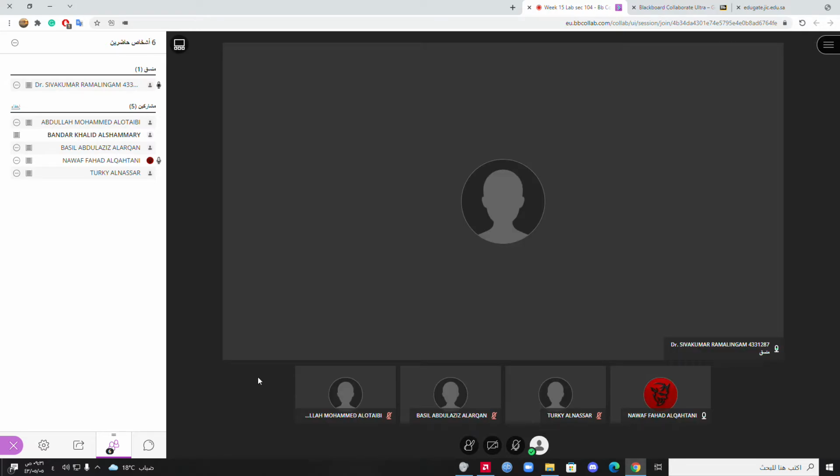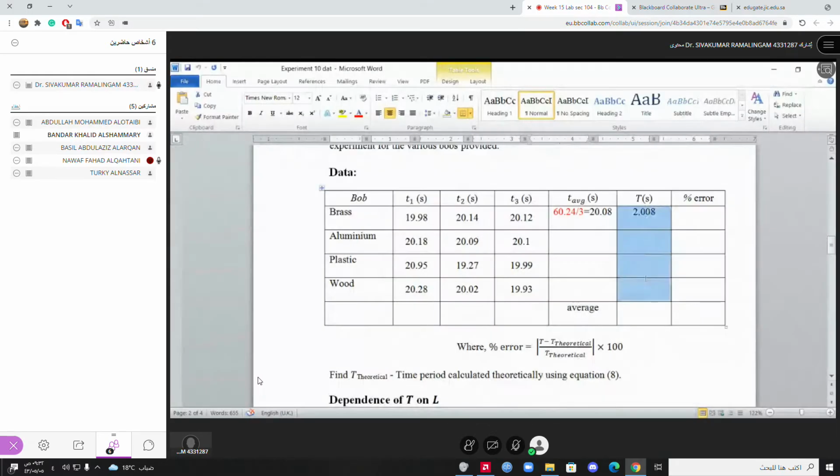In the first schedule, you have capital T, right? Yes, there are 4 values. Take the average of that, for the first schedule only.